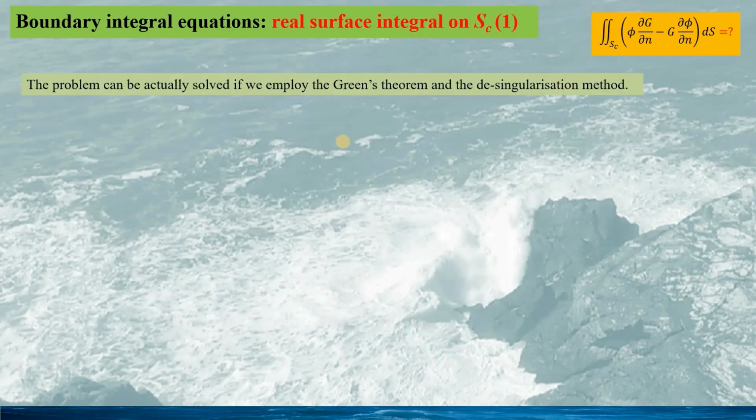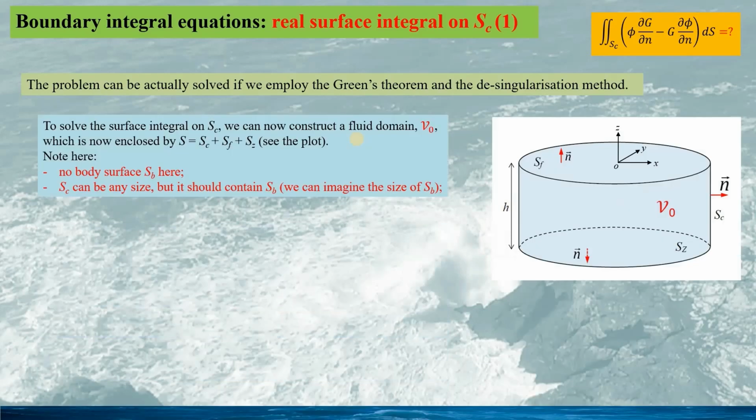The problem can be solved if we employ the Green's theorem and the de-singularisation method. To show how we can solve the problem, here we need to construct a fluid volume V0 which would be enclosed only by the control surface SC, the free surface SF, and the seabed SZ, C in this plot.